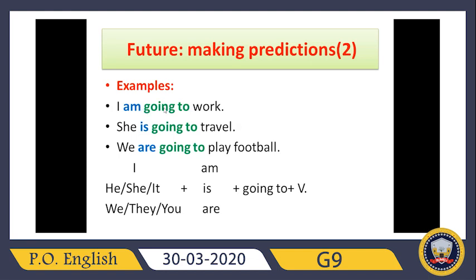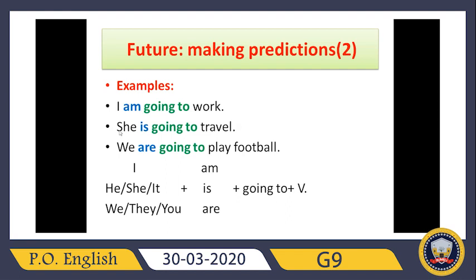To make the ing here. And here, the verb as it is, the infinitive verb without ing, without ed, without anything. So I can say I will work or I am going to work. Okay, both of them are true. I am going to work and I will work, the same.